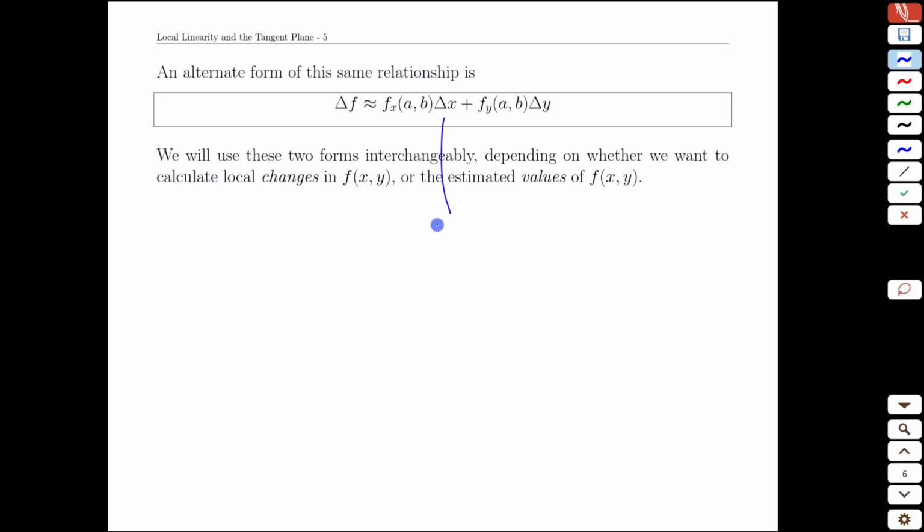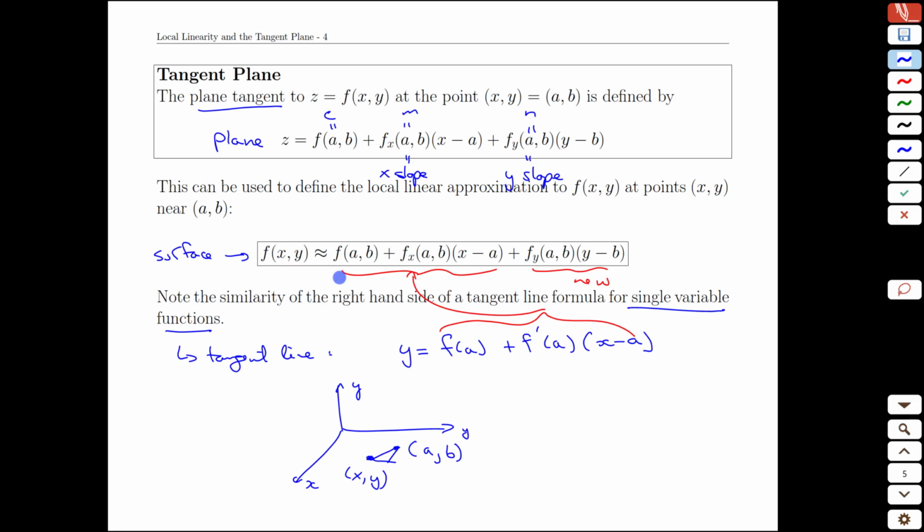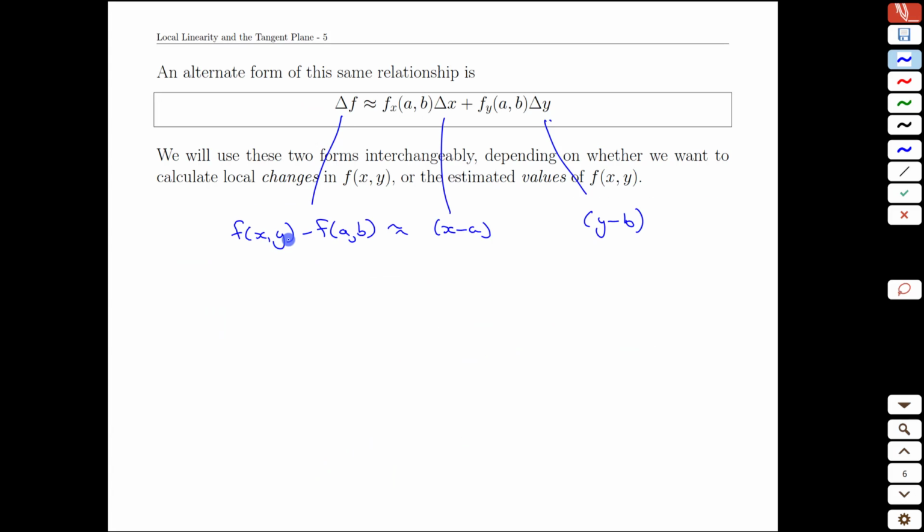All we've done to accomplish that is to think of a change in x as being a base point a and then moving to some nearby x coordinate. The same thing for the y value. This is a difference between two y coordinates. And this delta f is the value where we are on the curve, and we subtract off the function value at the point where we are. Again, going back a page, all we're doing is taking this coordinate here, this value for the z, and bringing it over to the other side. We get a difference. Well, that's a difference of f values, or delta f.